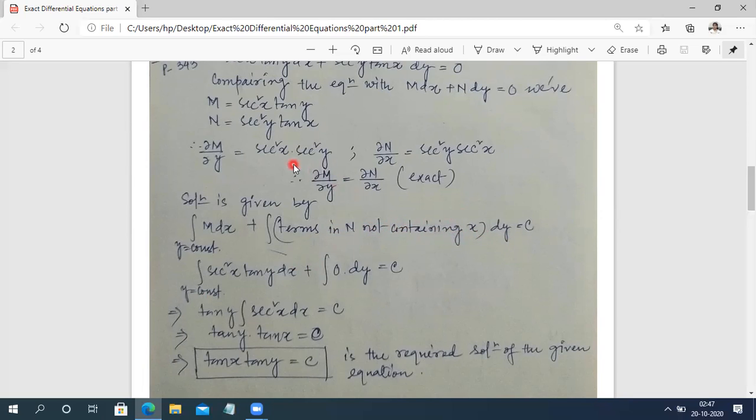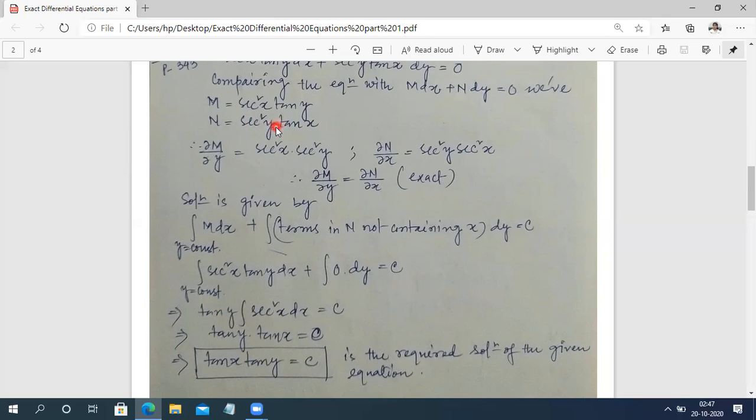So is there any term in N which contains only y? There is no single term which contains y only. In this N, there is a term which contains x, that is tan x, in sec square y tan x.